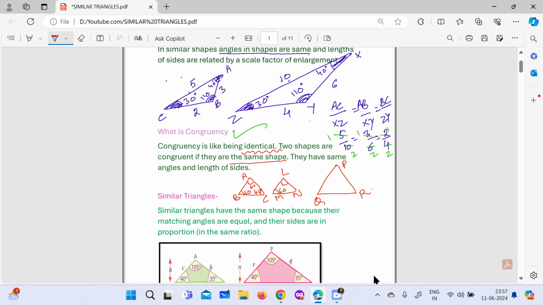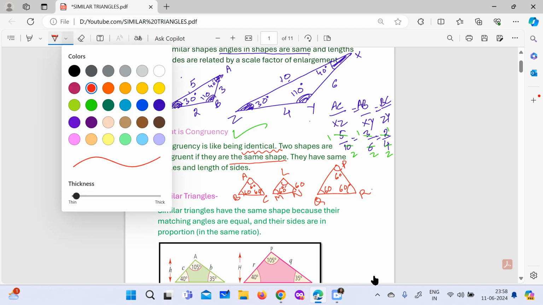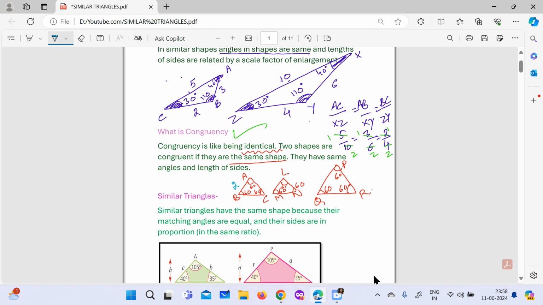So all the angles are 60 degrees, and here also I will mark 60, 60, 60. Now I will also write the measure of their sides. Let me write this as 2 centimeters, 2 centimeters, 2 centimeters. Here also I am going to write the same, 2 centimeters, 2 centimeters and 2 centimeters. But here I will write this one as 6 centimeters, 6 centimeters and 6 centimeters.